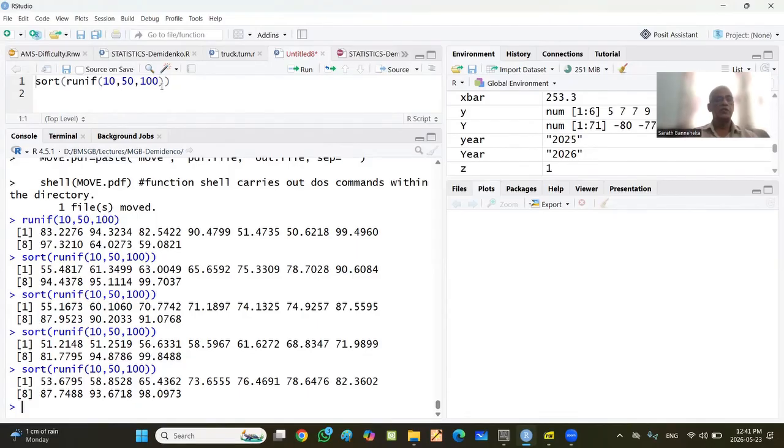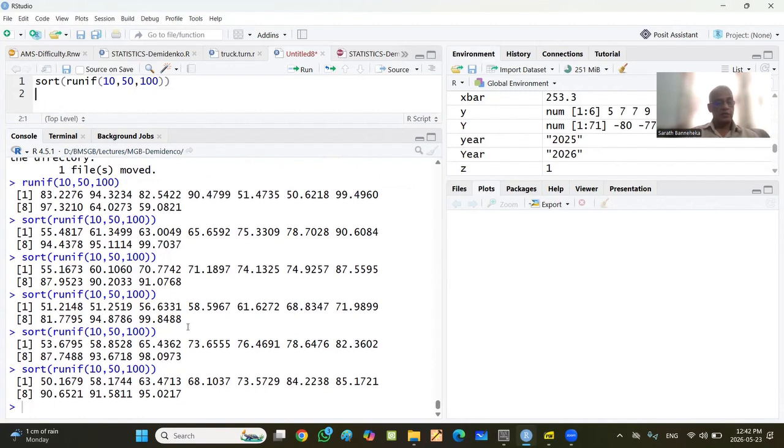This part will give you 10 random numbers from the uniform 50, 100 distribution, and sort will sort the data. If I run this, these are the numbers that I got. The minimum value after sorting is 50.16, just above 50.